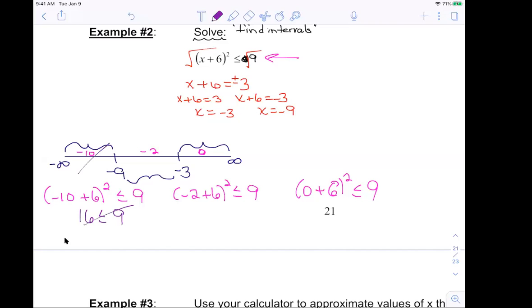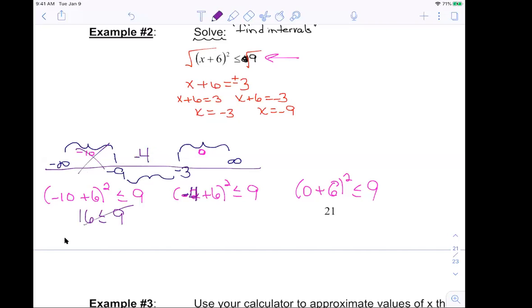So cross that off. The next one we have, we plugged in a -2. Yep, that isn't in between that interval, is it? No. That's what I was going to say. How about a -4? Does that sound better? Okay.